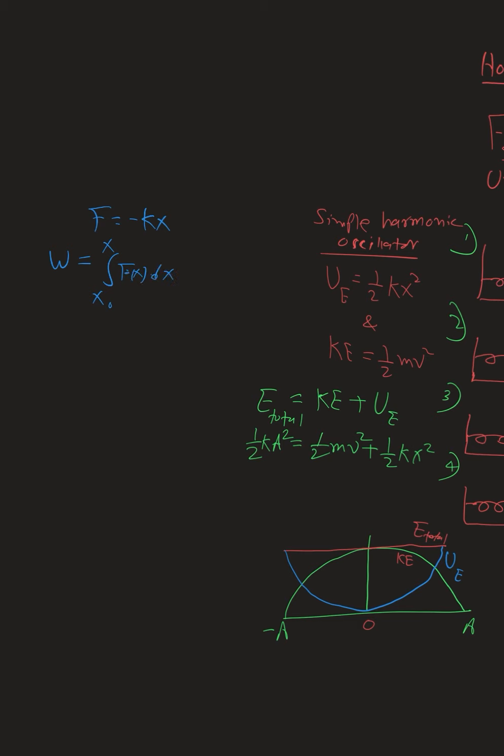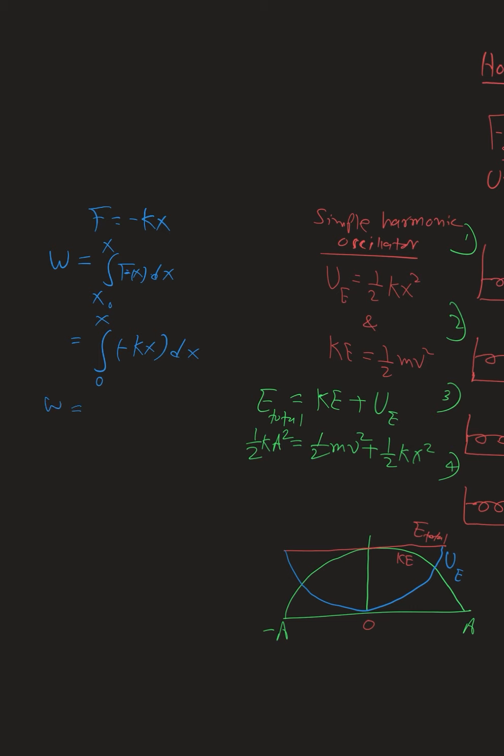But I know what the force is going to be, because the spring force is always negative kx. I can integrate negative kx dx, and I will go from equilibrium position 0 to some distance x.